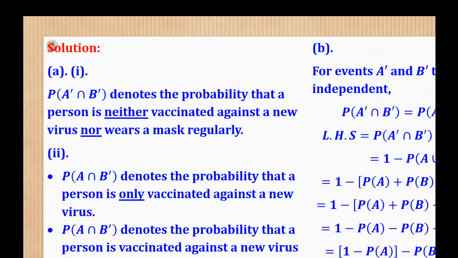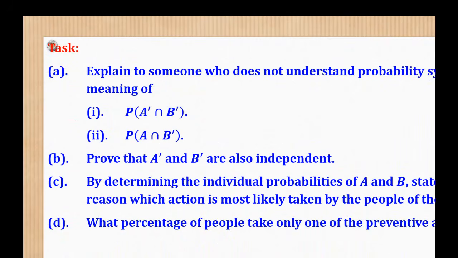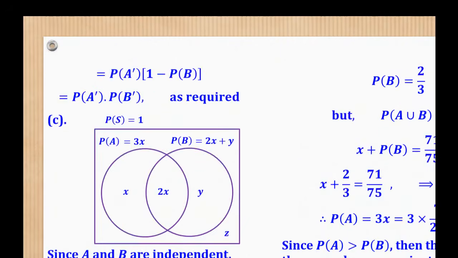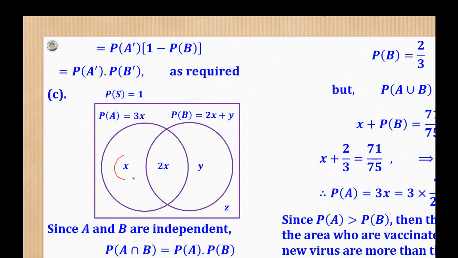Then part D. Part D says, what percentage of people take only one of the preventive actions? Only one. So only one means A only plus B only. So they want this plus this, but we don't know Y yet. The good thing, we now know that this one is equal to probability of B, where is it? 2/3.